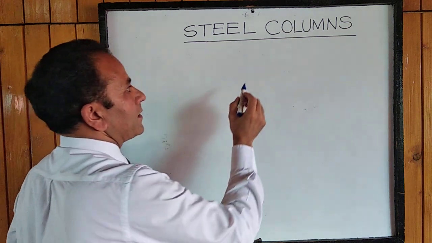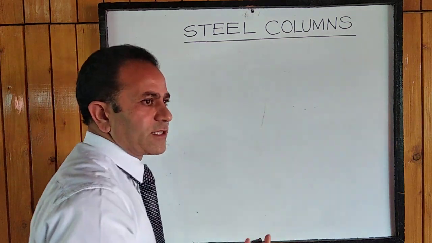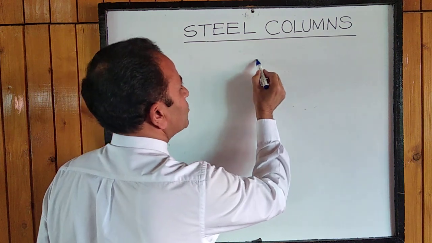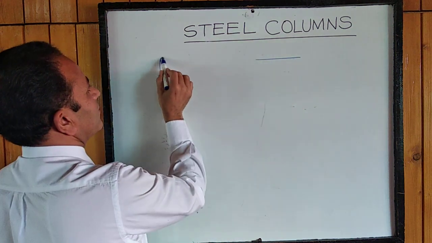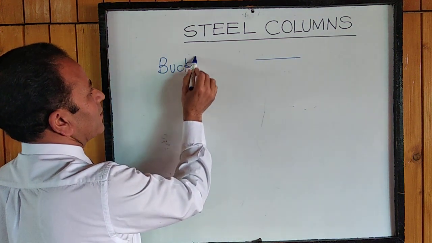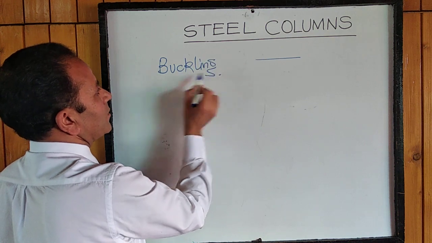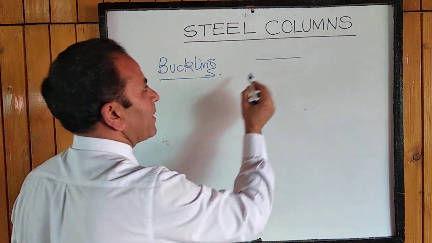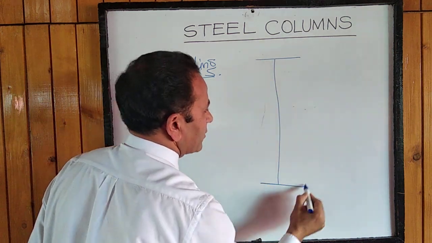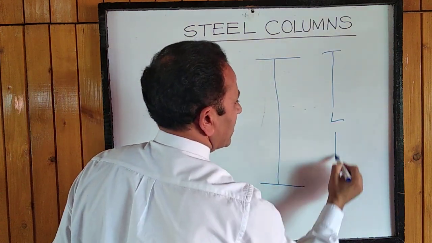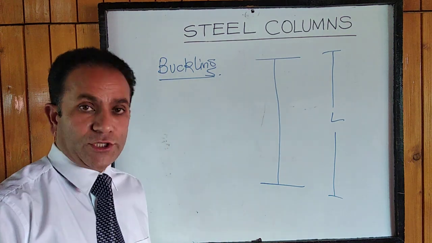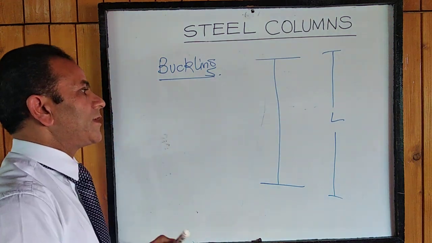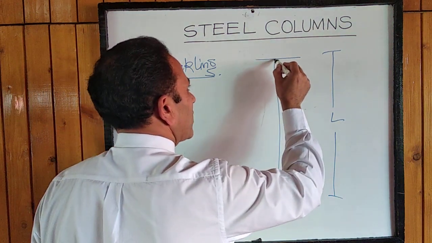This column, since it is a slender member, has a tendency to buckle. The most prominent mode of failure is buckling. The column has a lot of length. This length is quite high compared to the cross-sectional dimensions. It has a tendency to bend, or buckle.